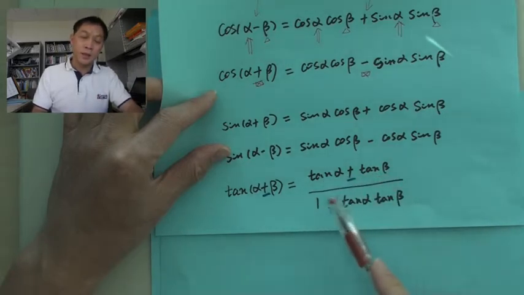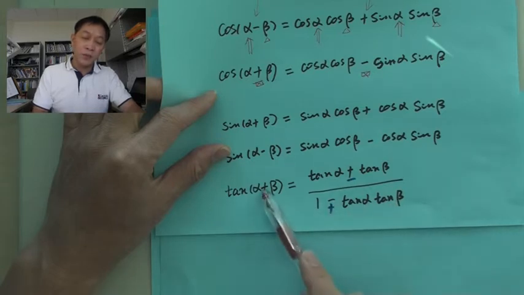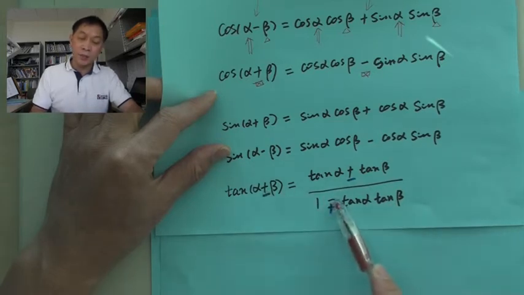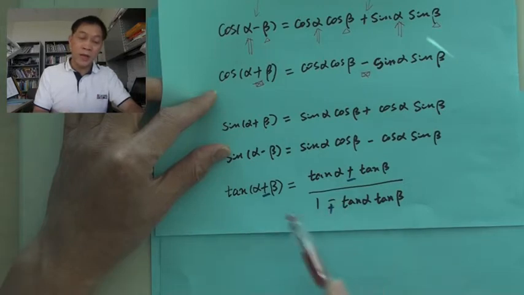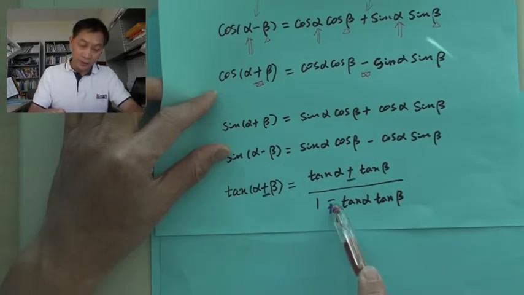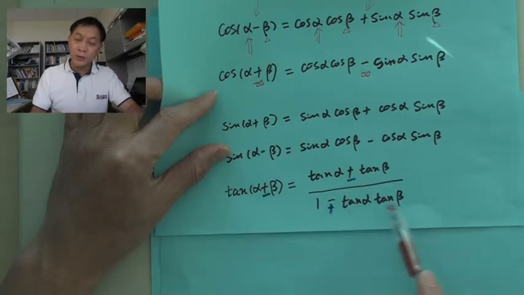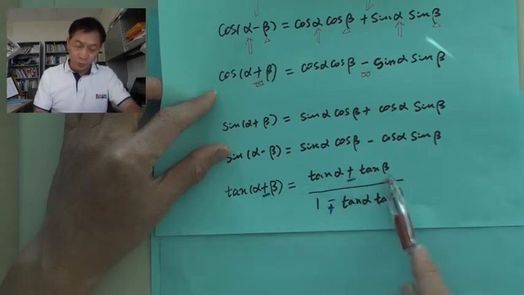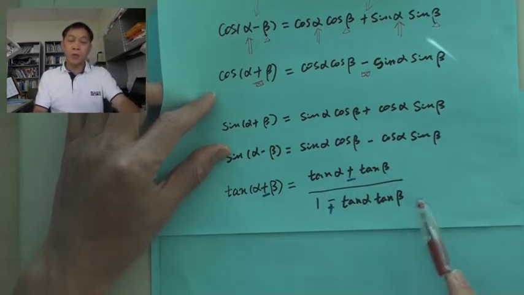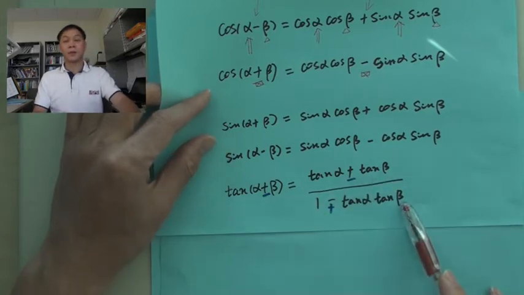And downstairs, if here was plus, then here has to be minus. So plus here, then plus here, minus down on the denominator. And this is just the product of the first two numerators. So we've got to use this formula.